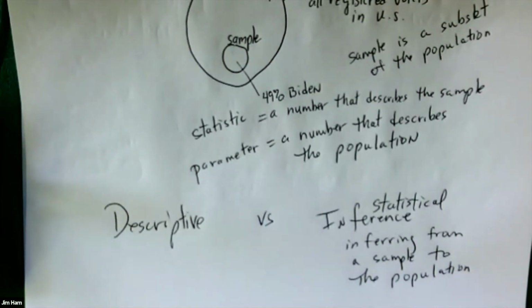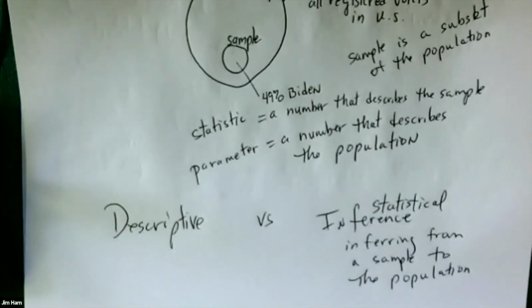In our example, we wanted to infer that 49% of the entire population will vote for Joe Biden, because we are inferring from the small sample where we got that result to the whole population.